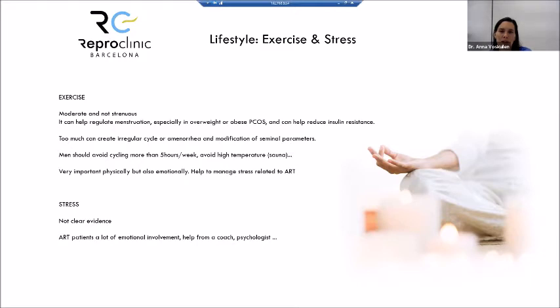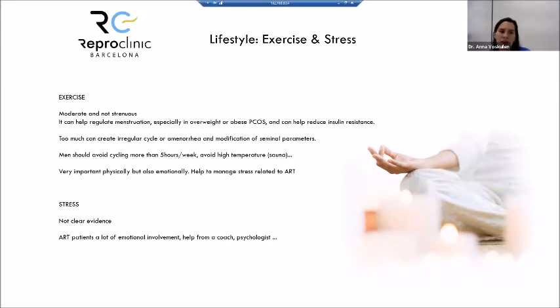Also, something that I always tell is to try to avoid high temperatures like sauna, which is not actually exercise, but it comes sometimes after exercise. And it's very important physically, but also emotionally. It can help us to manage stress related with assisted reproductive techniques.